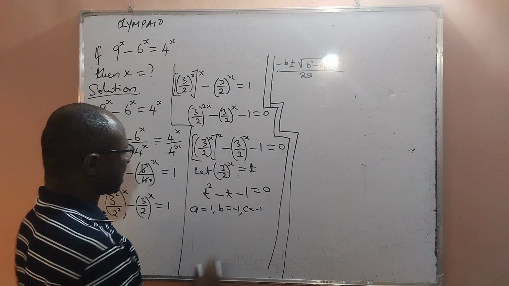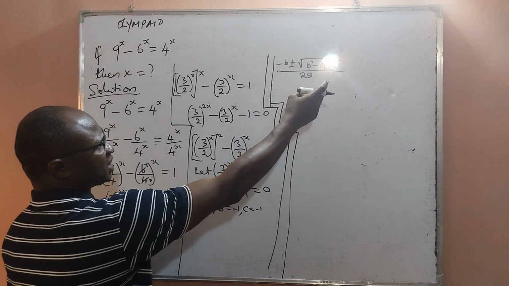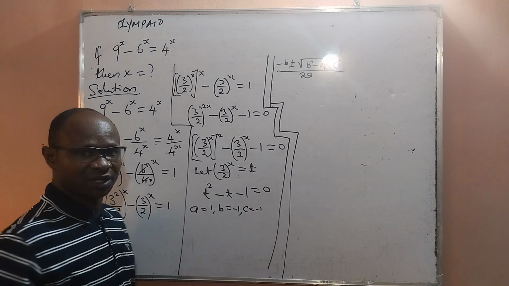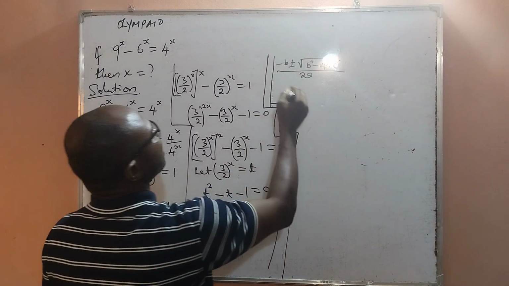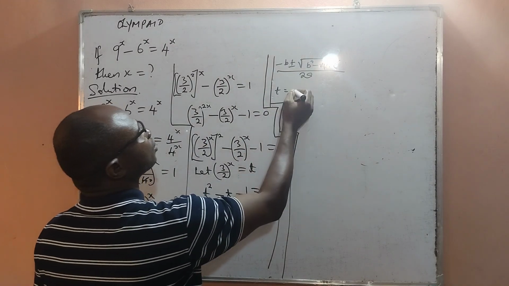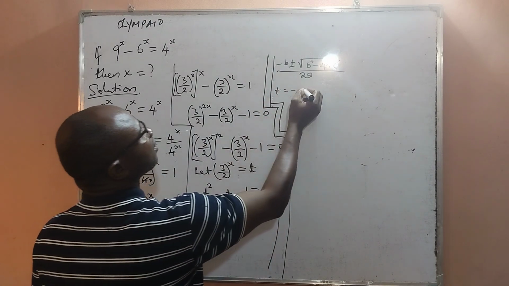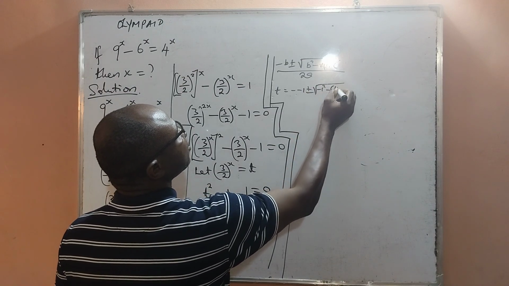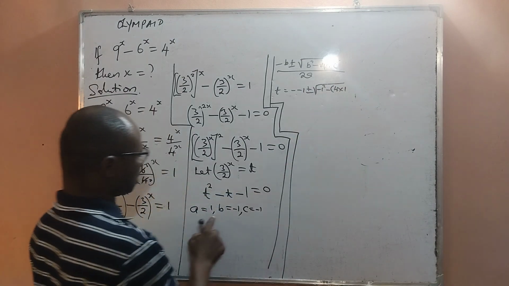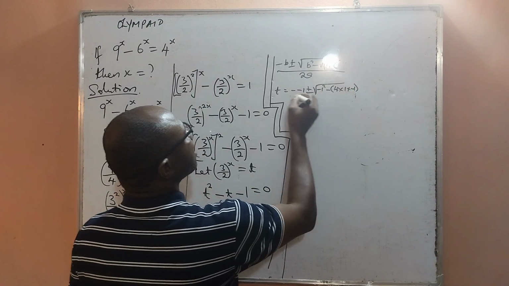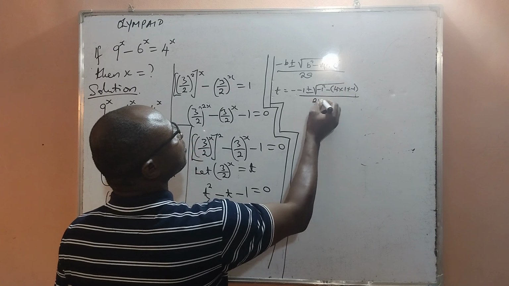So, anywhere I see the letters a, b, and c, I will substitute them with the corresponding values. Therefore, looking for the value of t, t now will be equal to minus negative 1, plus or minus the square root of negative 1 squared, minus 4 multiplied by a, which is 1, and c, which is negative 1, everything divided by 2 multiplied by 1.